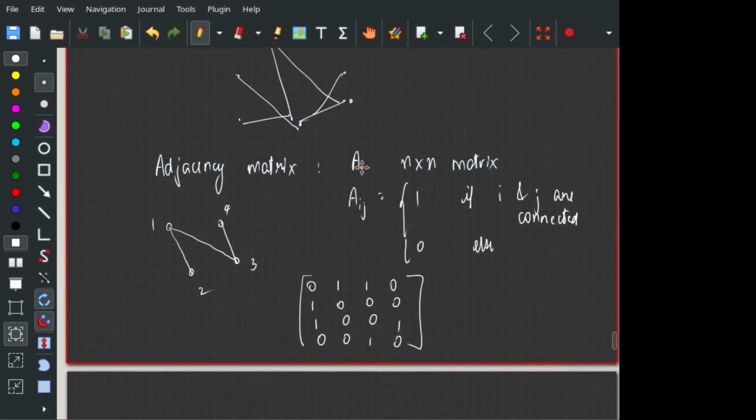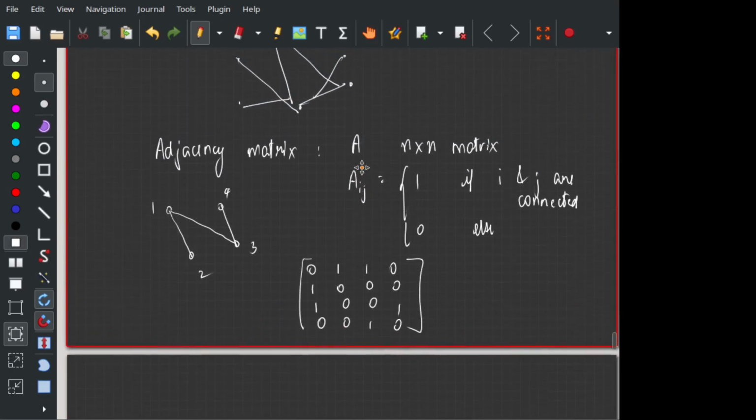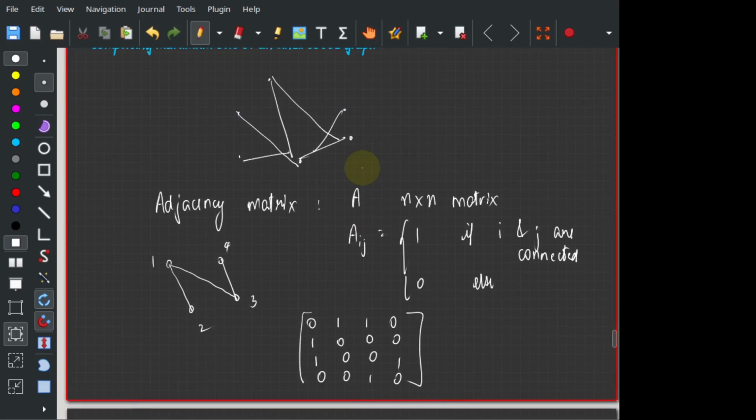Okay, so given this particular graph, one common problem is to find out what is the maximum number of edges crossing over from one subset to another subset, right? So let us say I take this given graph and partition it into two subsets of vertices. Okay, so maybe I take vertices 1 and 4 on one side and vertices 2 and 3 on another side.